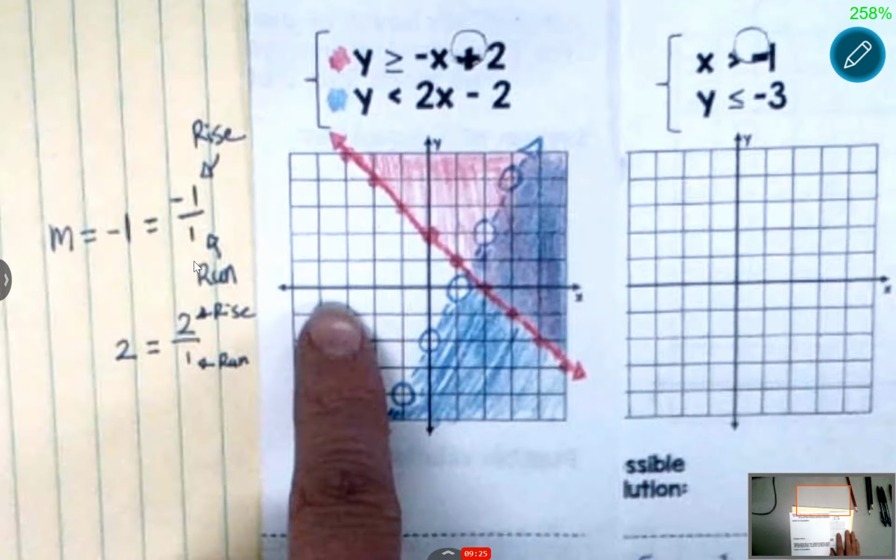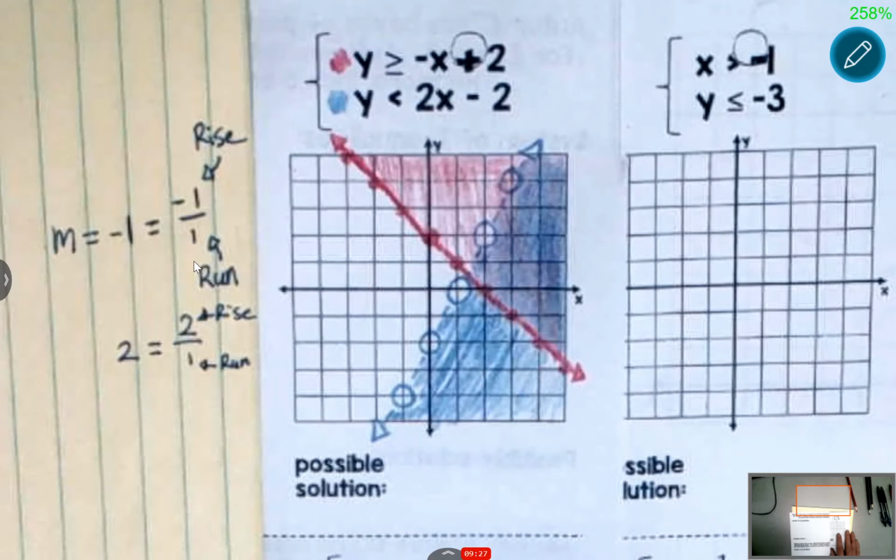In the region that is blank, there is no shading. All of those points will not satisfy either inequality if I plug them in. So if I plugged in 0, 0, it would make the red inequality false, and it would make the blue inequality false. The region that's shaded in red, if I plugged that point in, it would only satisfy the red one.